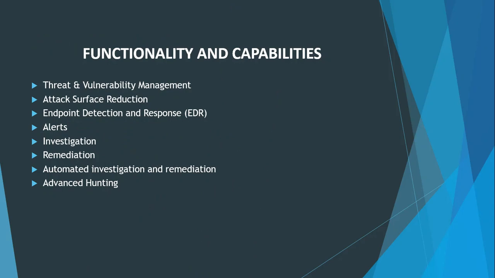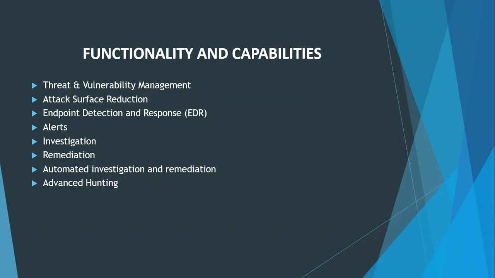So what are the functionality and capability of Microsoft Defender ATP? We have threat and vulnerability management. We have attack surface reduction. It helps to reduce attack surface. It also helps to do endpoint detection and response also. We have alerts, it gives you alerts also. It investigates also, carries out investigation.